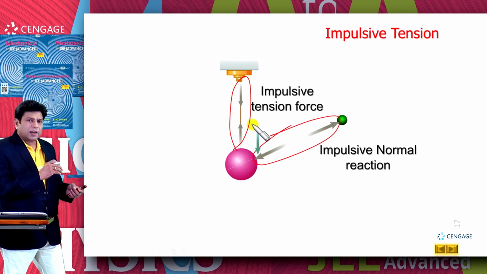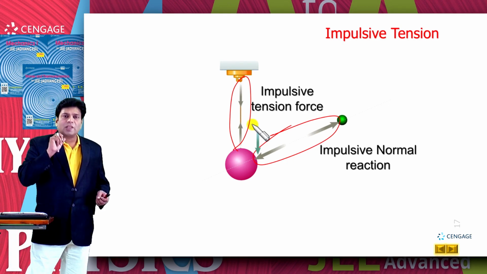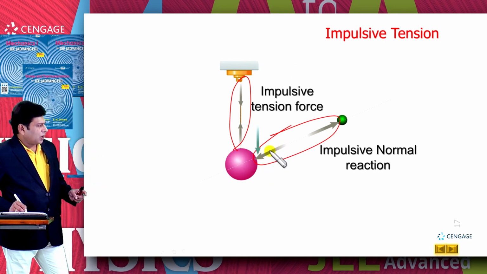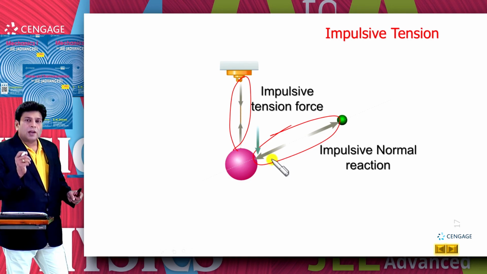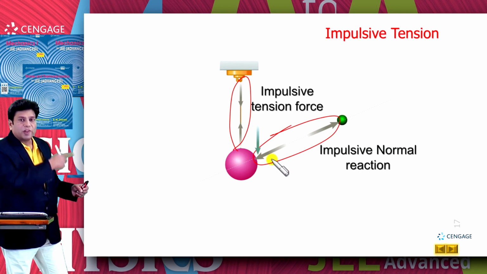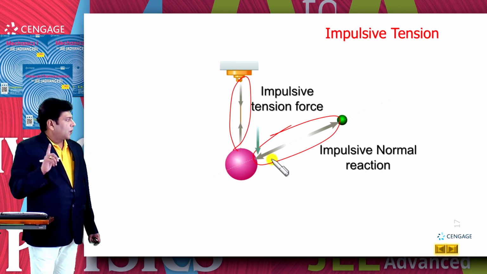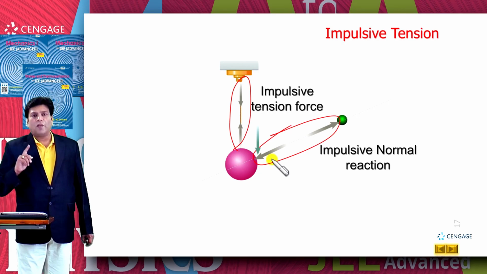This tension will increase all of a sudden to a large value, and after some time it will disappear. And the component of this impulse in the horizontal direction will provide the bob horizontal velocity. So the bob will start moving in a circular path. So we discussed here impulsive tension, impulsive normal reaction, and impulsive friction force.